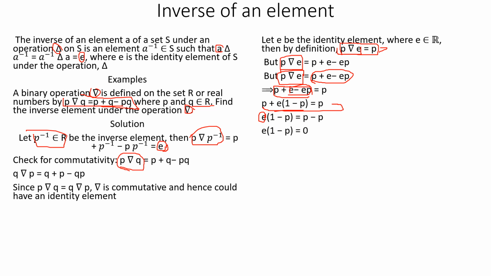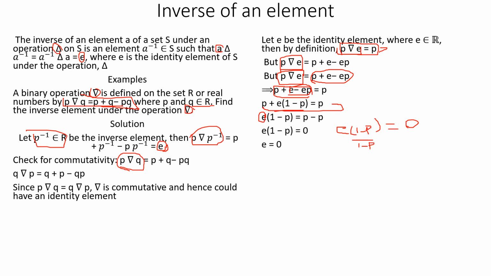So P minus P is 0, and we divide through by 1 minus P, which equals 0.